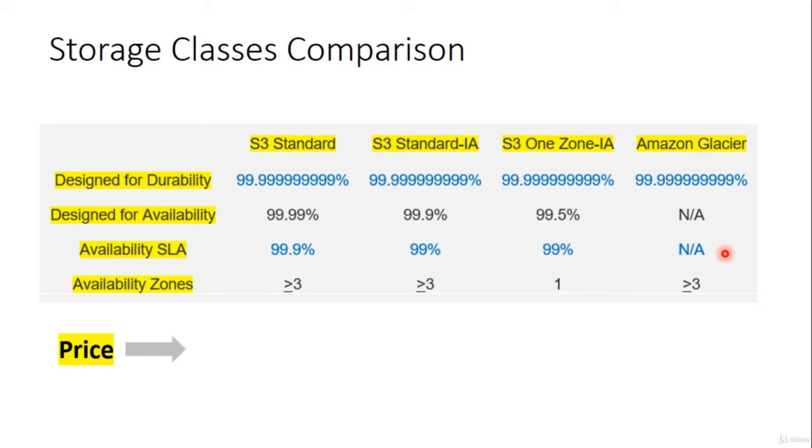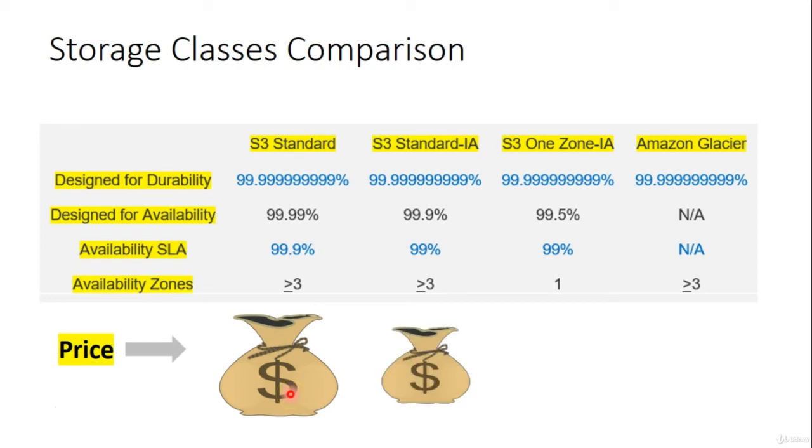Now the most important criteria, that is price. What price you are going to pay for these storage classes? So S3 Standard, here's the, no, it's not the figure, it's just the symbolic representation. S3 Standard IA, here is for One Zone IA and Glacier. So what does this signify?